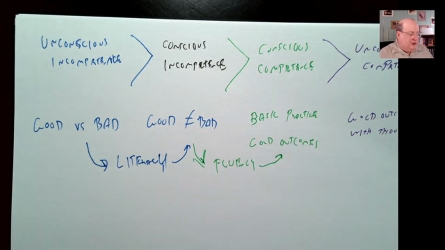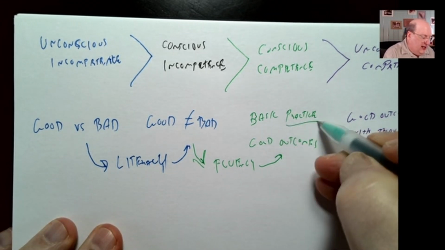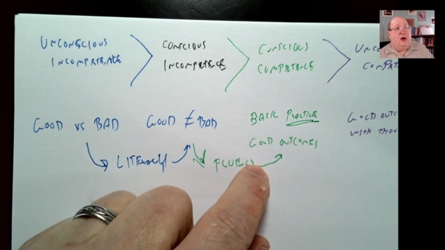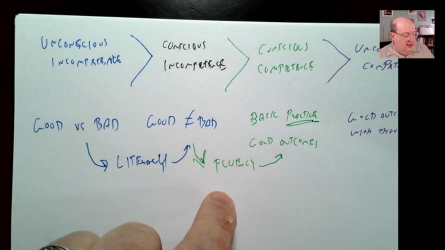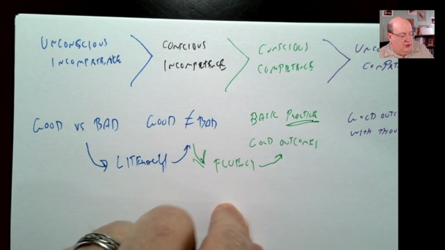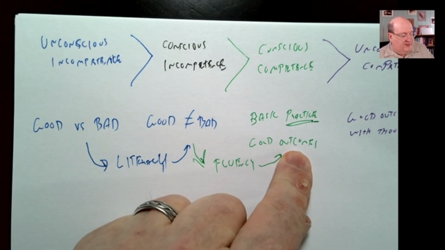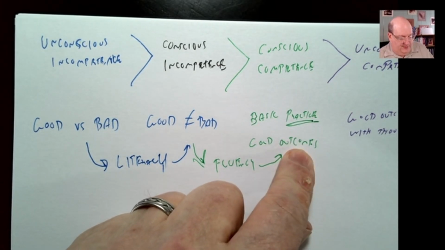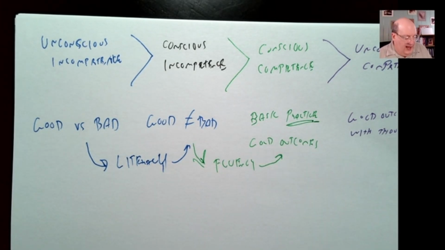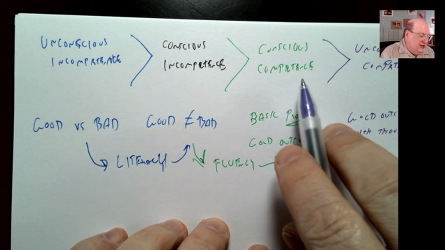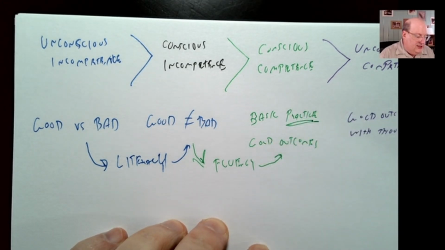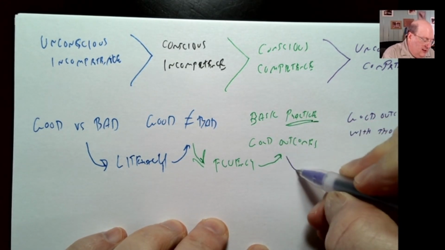And fluency is really about mastering the practice. It's about understanding the tools. It's about understanding what you need to do and to be able to start to get good outcomes. And then there's another transformation here, which is when we go from conscious competence to unconscious competency.